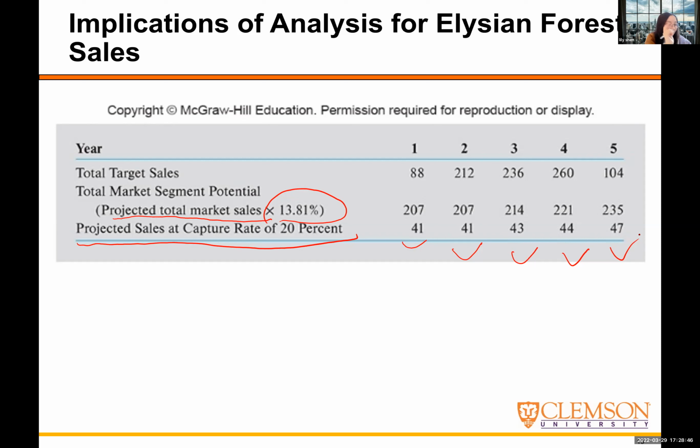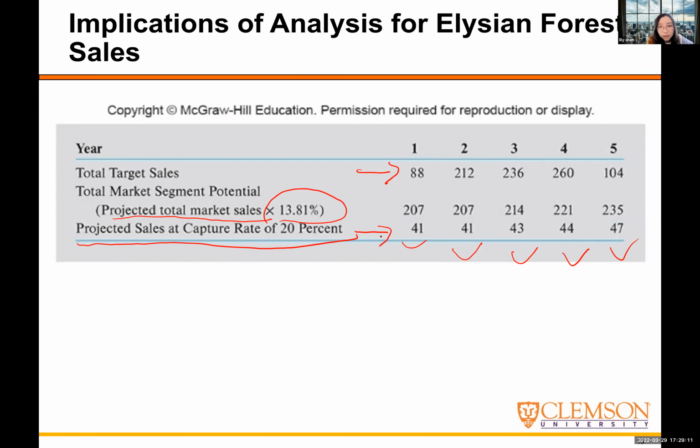I have a question for you. This shows the number of homes ready for sale offered by Elysian Forest. And they can only be successful if they're able to sell everything or the majority of the housing units they produce. This shows the projected sale they can realistically make.